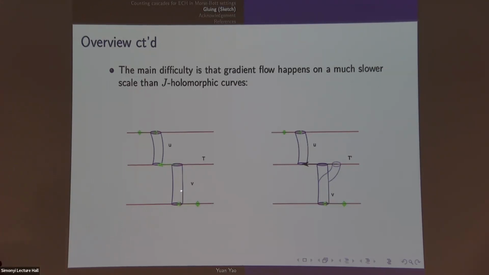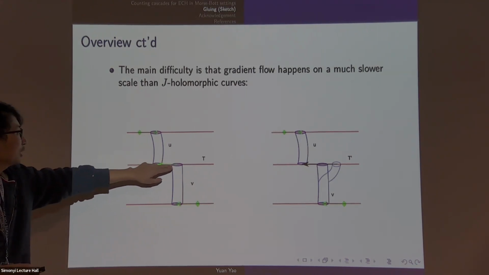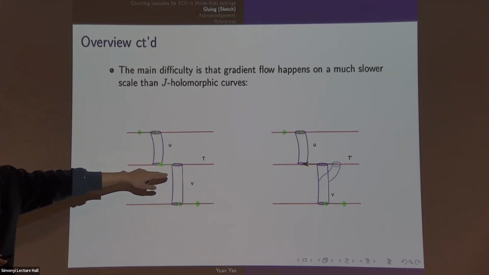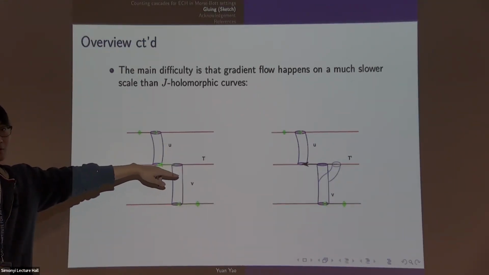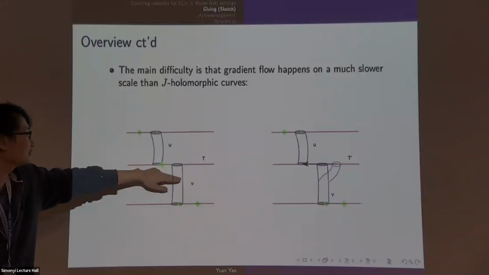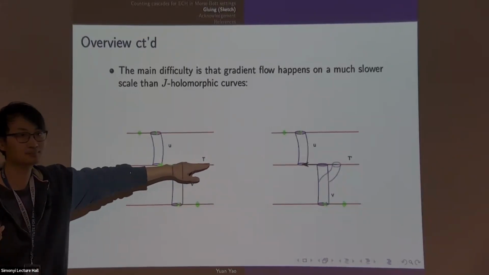To be precise, a vector field that's very small from the perspective of the holomorphic curves can look very large when you try to put in a gradient trajectory. So let me be more precise. Here you have U and V. After you perturb, you try to fit in a gradient trajectory of length T over delta, because the gradient flow has speed delta. So the length of this gradient trajectory is T over delta.